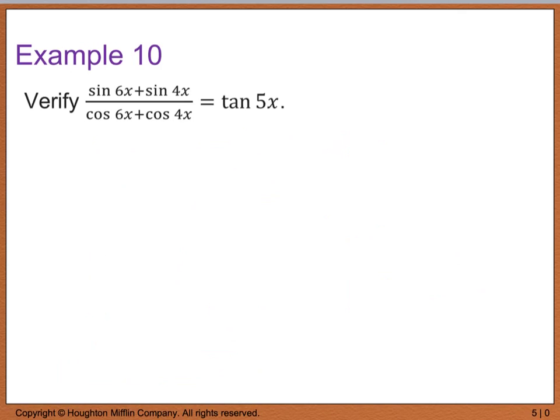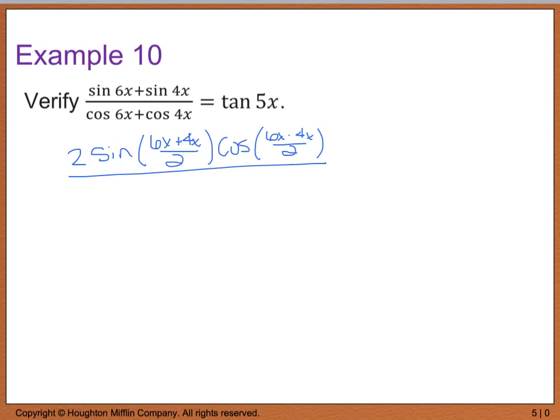So, because we're using sums of sines and cosines, then we're going to have to use the sum to product formula. So to do this, we have 2 times the sine of 6x plus 4x divided by 2 times the cosine of 6x minus 4x divided by 2.